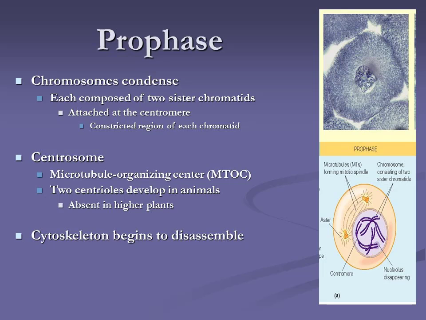So our microtubule organizing center, which basically is comprised of our two centrioles, are often referred to as our centrosomes. These are going to begin to form. And these are going to begin to move toward opposite poles of the cell. Now, except for the microtubules, by and large, our cytoskeletal elements are going to begin to dissolve. These polymers are going to begin to break down into monomers as we begin this mitotic activity.